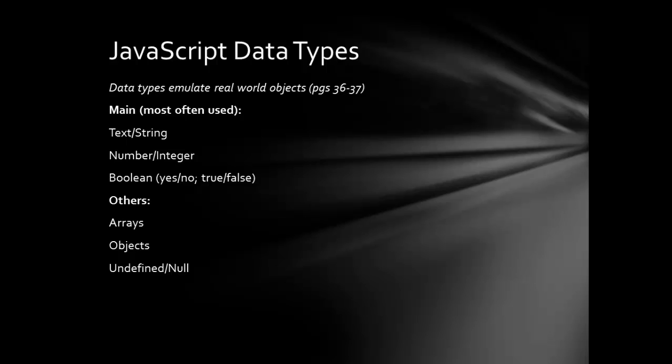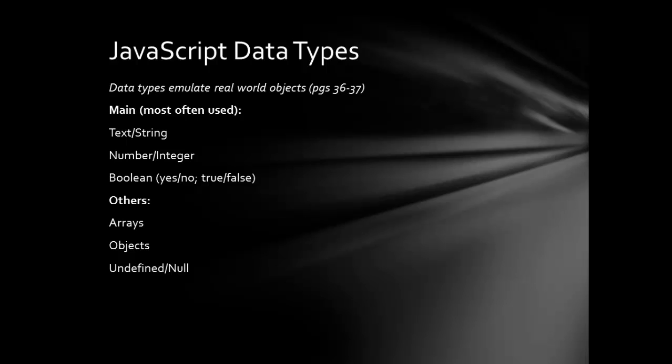For example, Boolean: on, off, yes, no, true, false. That could be a light switch that goes on and off. We have numbers all around us. We have arrays, objects, and text around us. So all around us in this world we have objects that are of a certain data type, and in programming, we can emulate those as much as possible.